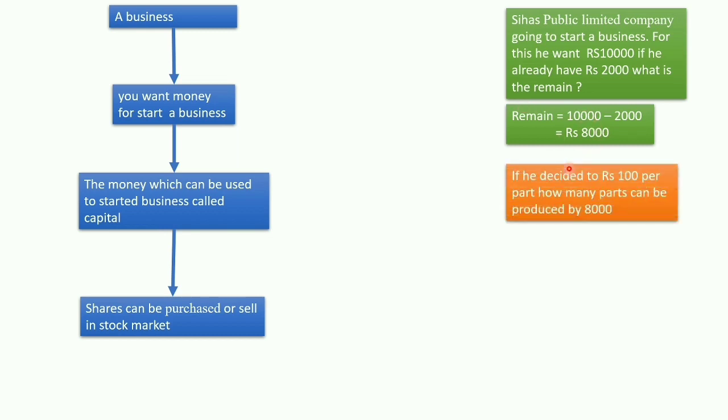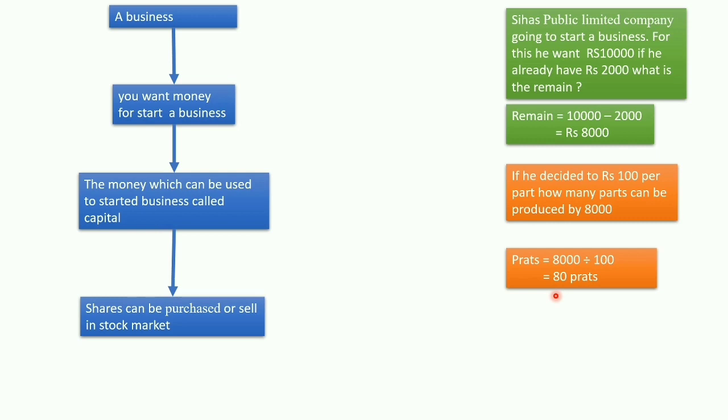So shall we shift to the second idea? If he decided on 100 rupees per part, he is willing to divide these 8,000 into some parts. So what is the mathematical operation between these two? In the share market also we are doing the same thing.